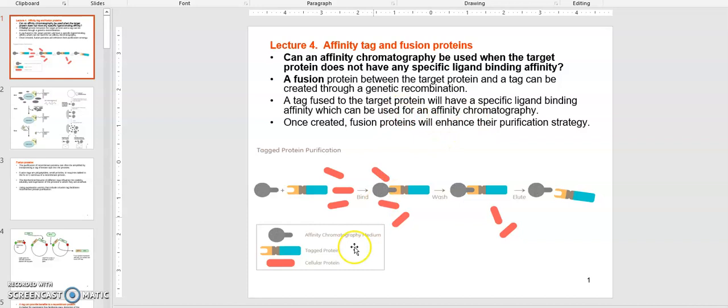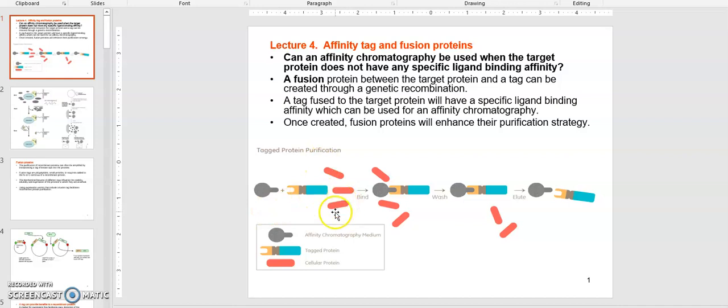Okay, if you look at this diagram, your protein is this blue part originally, but if you can somehow add an additional part to your protein, and that additional part has very specific affinity binding with its target molecule, which is embedded on your resin, yes, you can use that chromatography method to purify your protein.